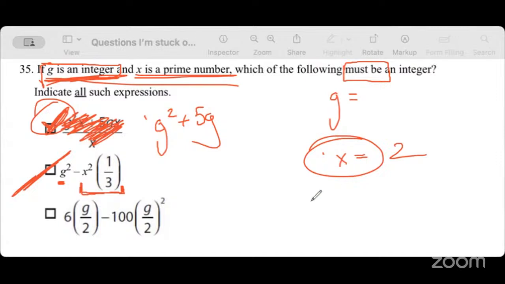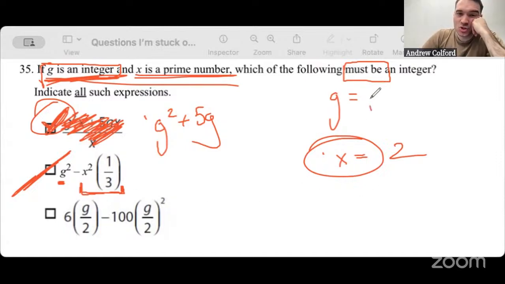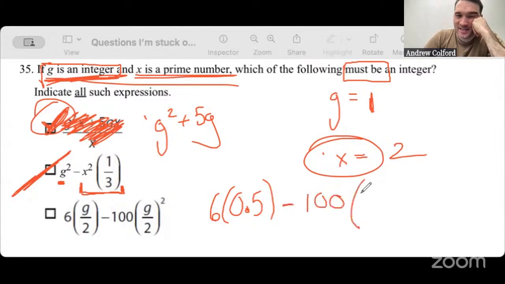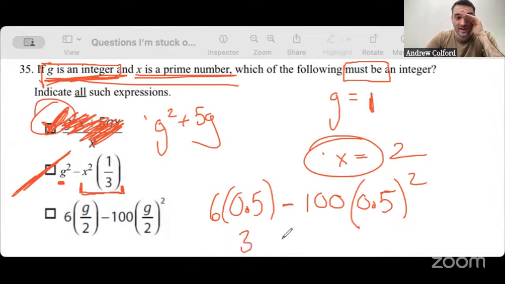Sure, right? Let's try that. Because when G equals 1, I get 6 times 0.5 minus 100 times 0.5 squared, which gives me 3 minus 100 times 0.25. So 3 minus 25. Still an integer.